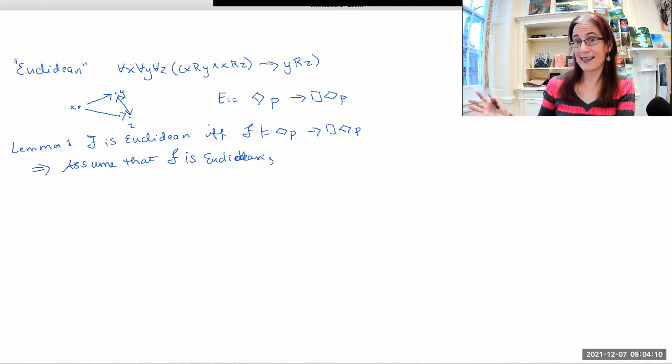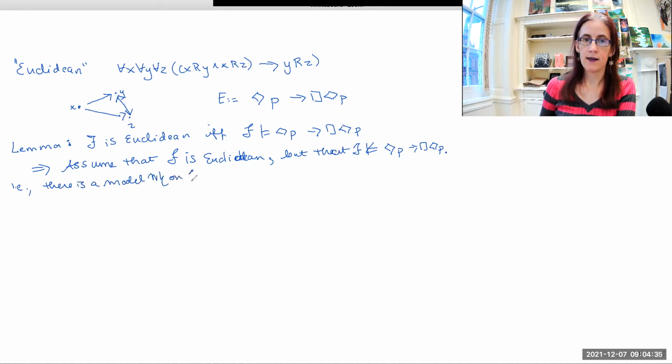And then assume that it's not valid on this frame, so the negation of the consequent, but that on this frame, possibly P implies necessarily possibly P is not valid, i.e., there is a model M on F and world W in M such that at that world, we can falsify possibly P implies necessarily possibly P.